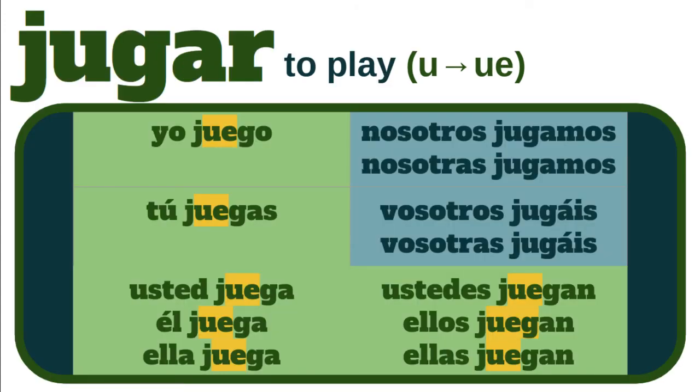And one more verb with the same type of stem change is the verb jugar. The verb jugar doesn't have an O, so we can't say this is an O to UE stem change because there's no O. Instead, it's the U that changes to UE.